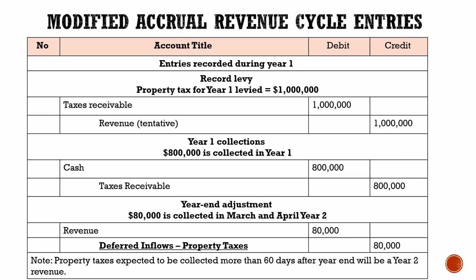We're just waiting on it, right? There is no expectation of exchange. We're simply waiting on that cash to actually come in. So yes, it's okay to think of it like an unearned revenue or a liability account. Just know that we don't actually have any liability there. There is no expectation of an exchange. We're simply waiting on that money to come in.